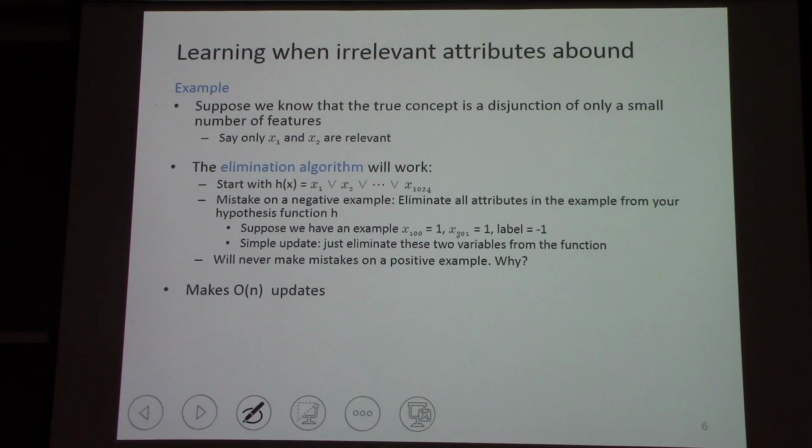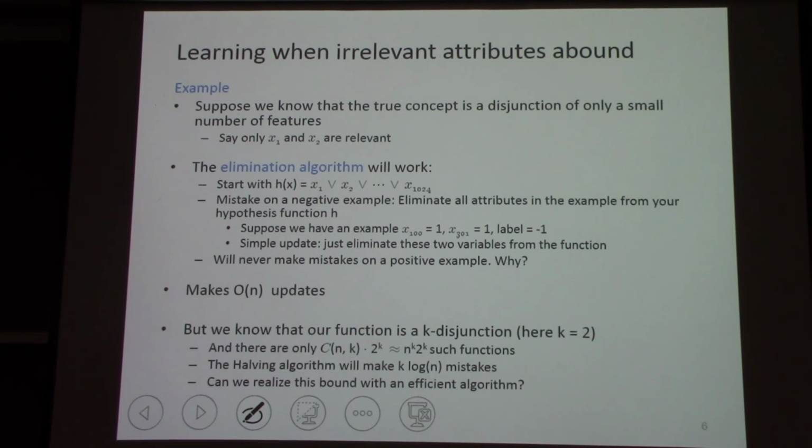This is just like the Perceptron algorithm. You have n bits. The elimination algorithm has a similar sort of mistake bound. But this is kind of annoying, because we know that our function has only 2 relevant variables, and yet we make 1,000 mistakes.